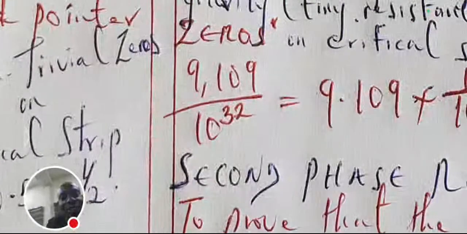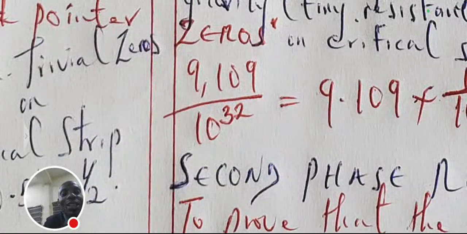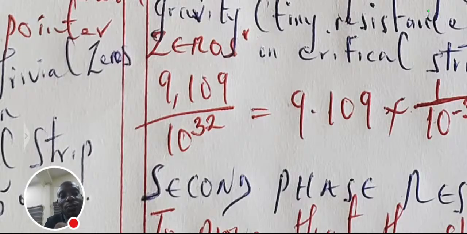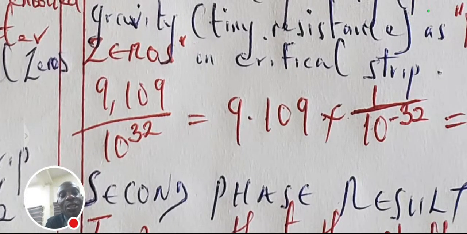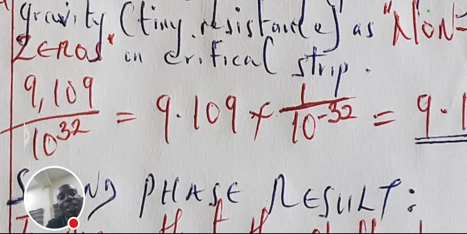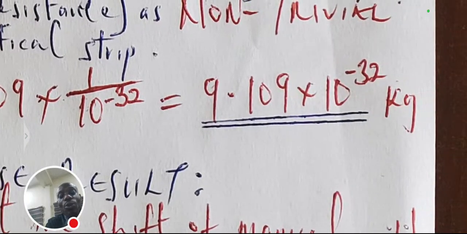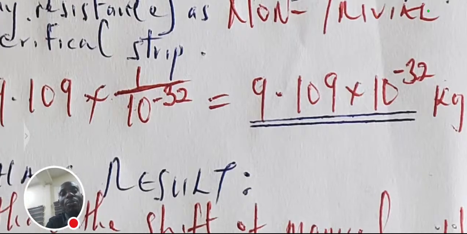Now we expand this fraction such that we have 9.109 times 1 over 10 raised to power minus 32. And so we know that what this will give us is what we have right here, which is 9.109 times 10 raised to power minus 32 kilogram.